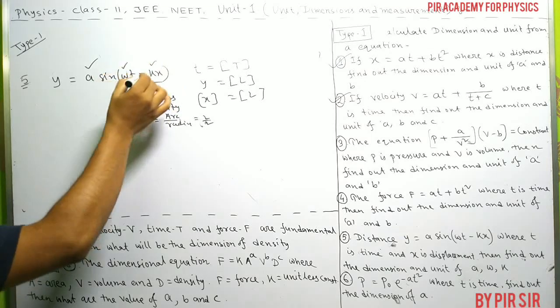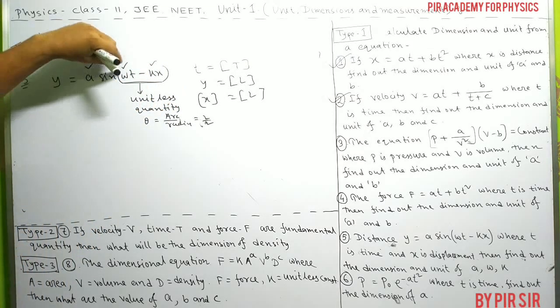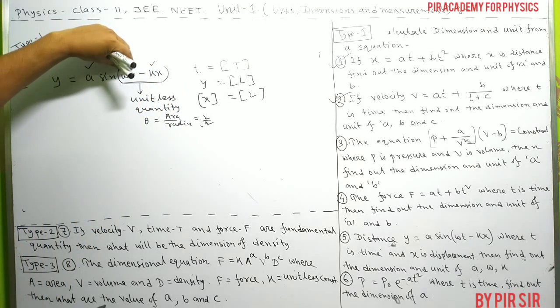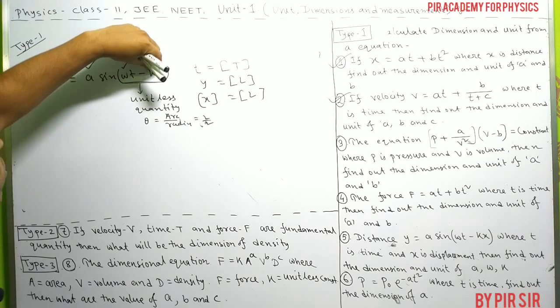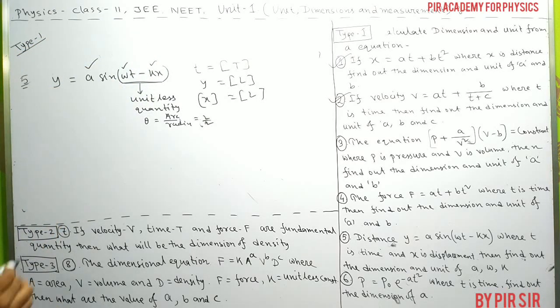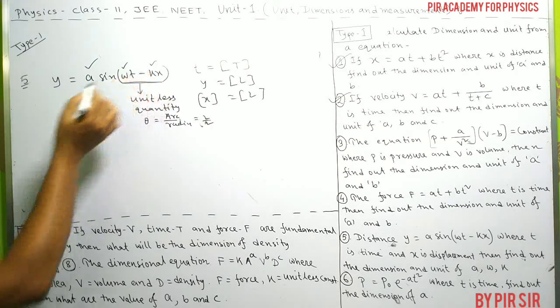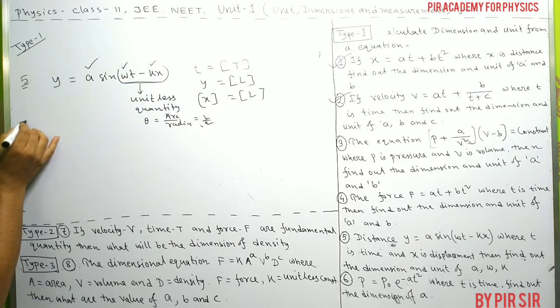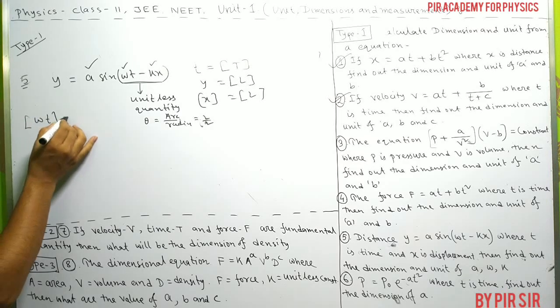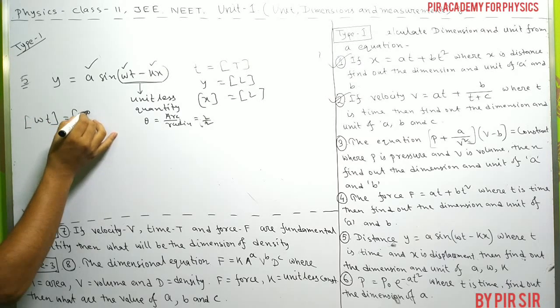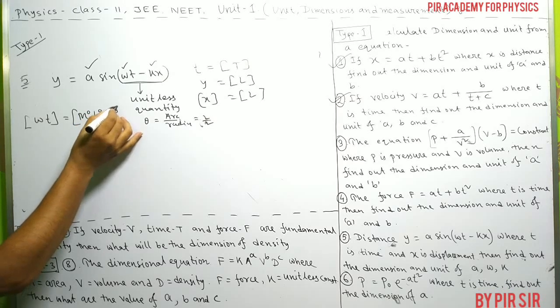This total quantity is dimensionless. So this quantity and this quantity are dimensionless. That means the dimension of omega t must be M to the power 0, L to the power 0 and T to the power 0.